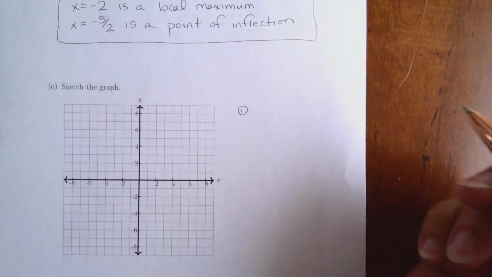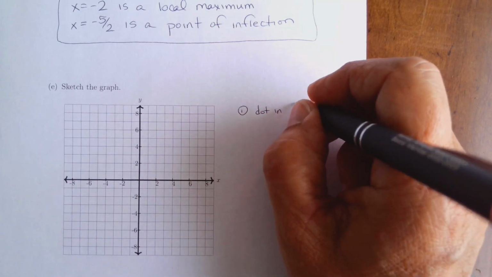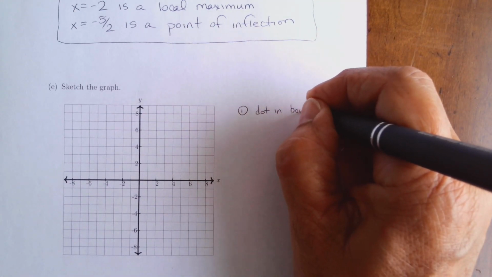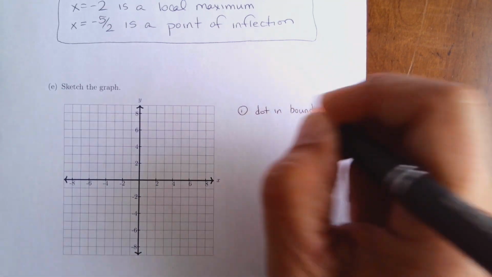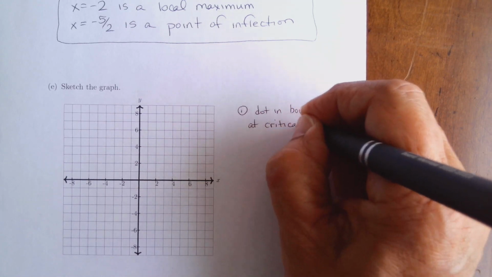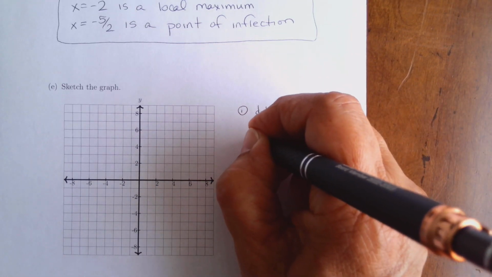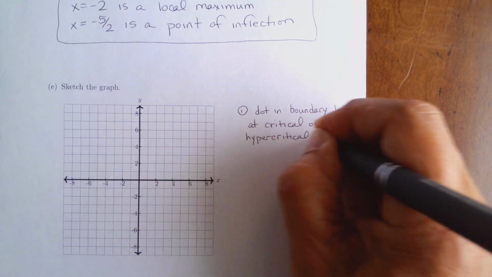Okay, so let me explain that and then we'll kind of go through it. So over here, I'm going to say dot in boundary lines at any critical or hypercritical values.